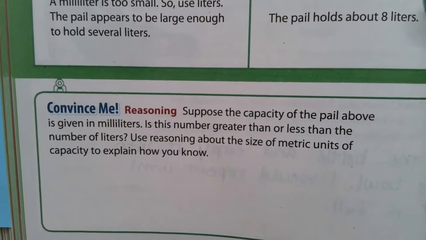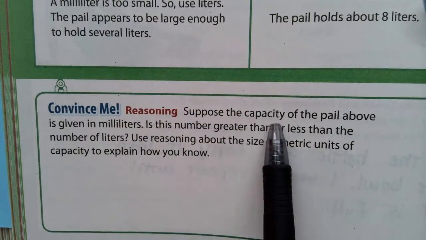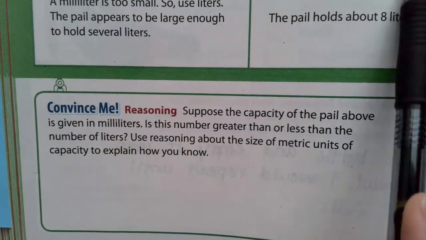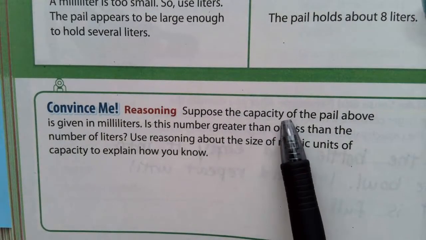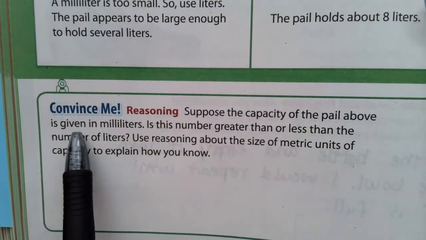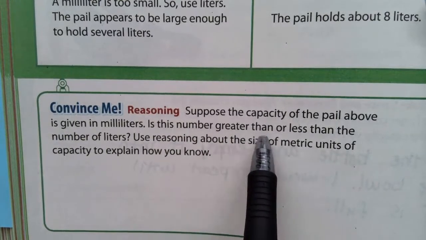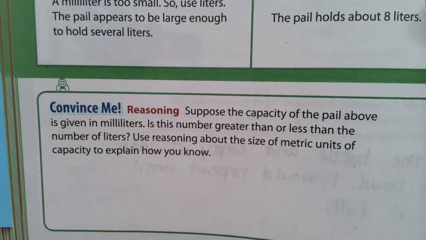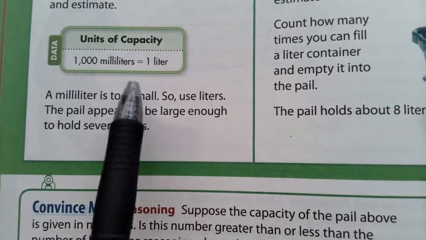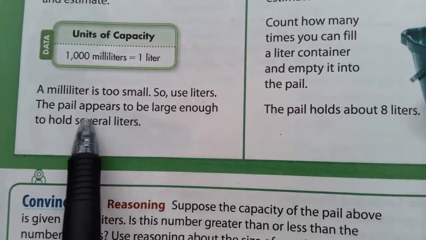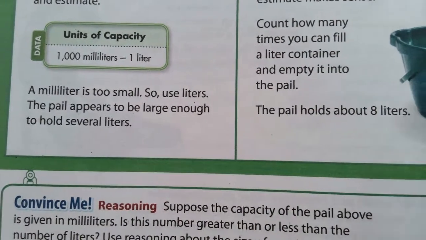Now, I want you to answer this convince me down here. Suppose the capacity, the amount of liquid a container can hold, of the pail above is given in milliliters. Is this number greater than or less than the number of liters? So I want you to think about, would there be more milliliters in here or more liters in the bucket?